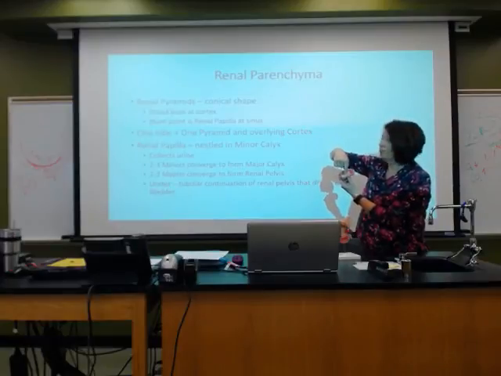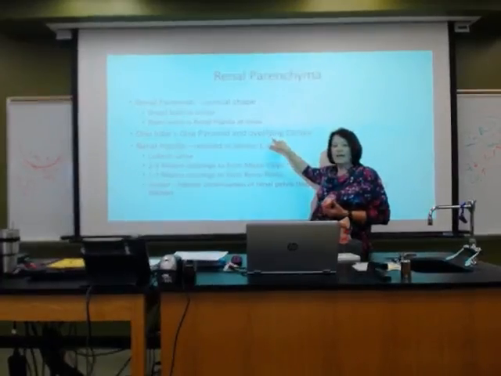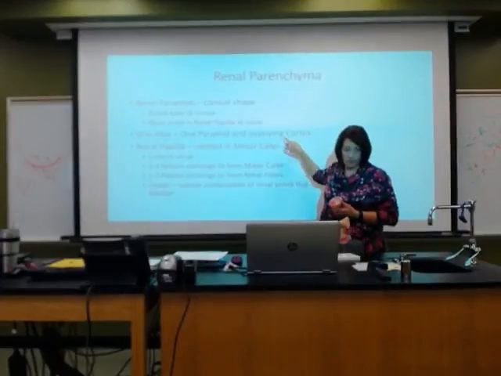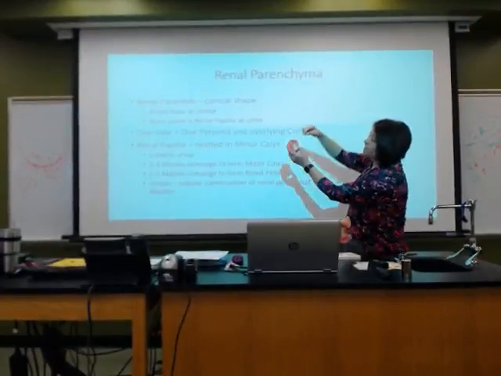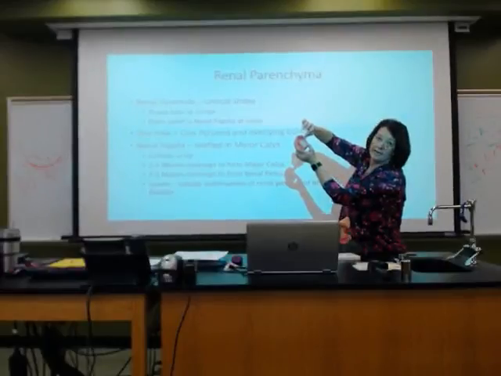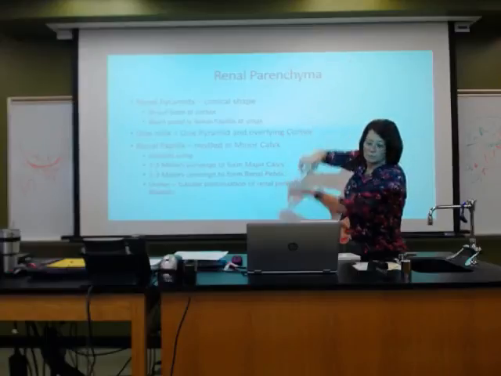Okay, is everybody following me? When we say a lobe of the kidney, a lobe of the kidney is a pyramid and its overlying cortex. So you would have that pyramid doing like this, and this would be considered one lobe.